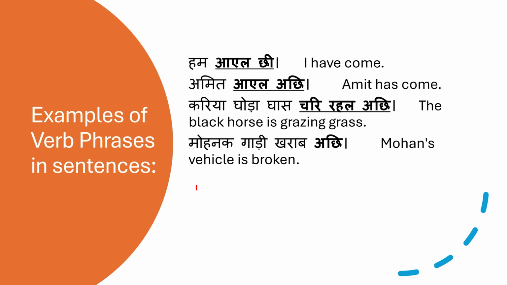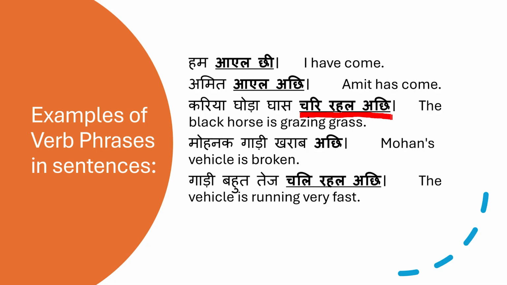Mohanak gari kharab achi. Here we have only one word, achi, as the verb phrase. As you saw in this sentence, there are 3 words, and all of these words put together form a verb phrase. That is why we said it is a verb phrase. A verb phrase may contain one or more words.